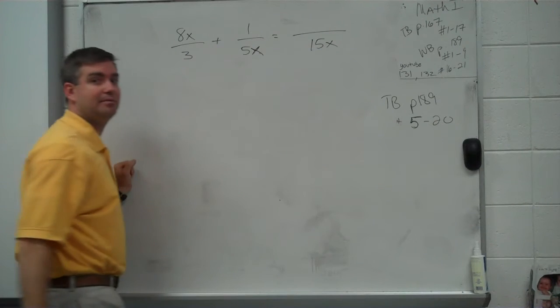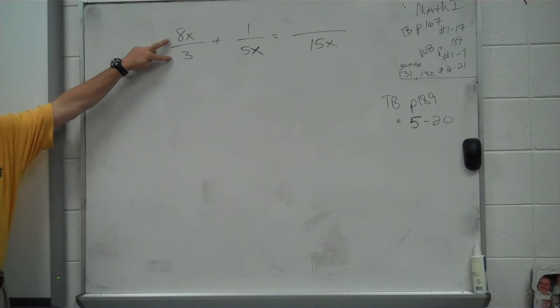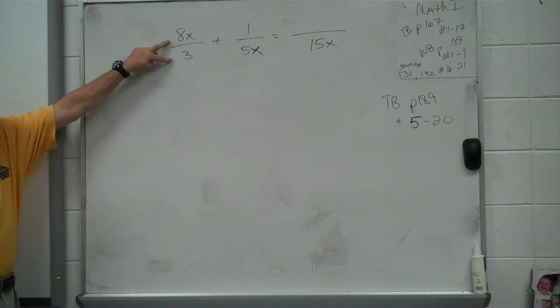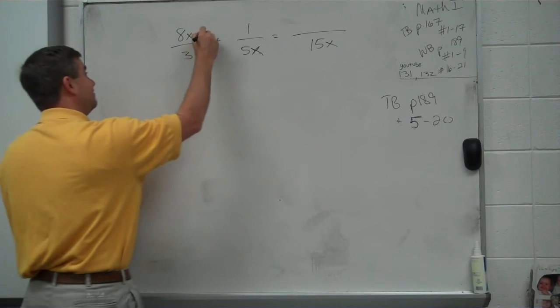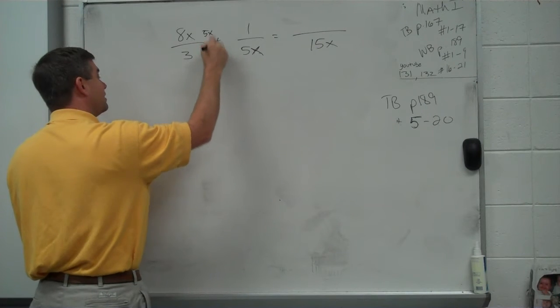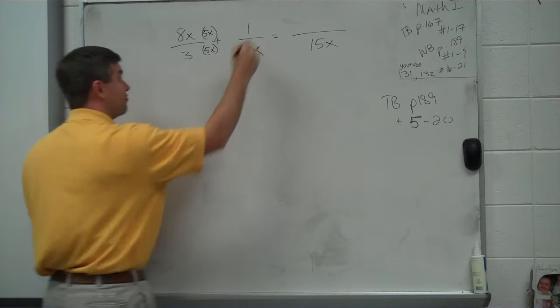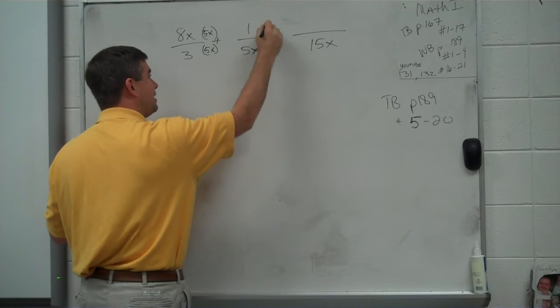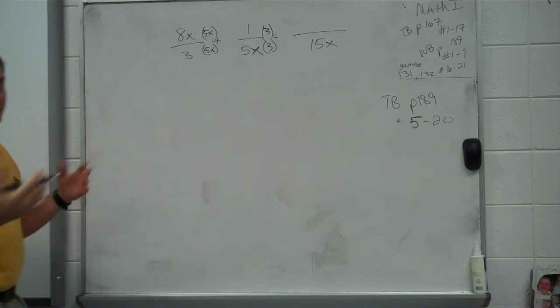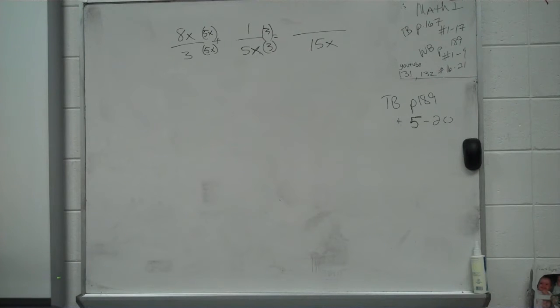If this is my least common multiple, what do I need to multiply this first fraction by on the top and bottom? 5x over 5x. What do I need to multiply this one by? Just 3 over 3. How come I didn't multiply by x? Because it already had an x.